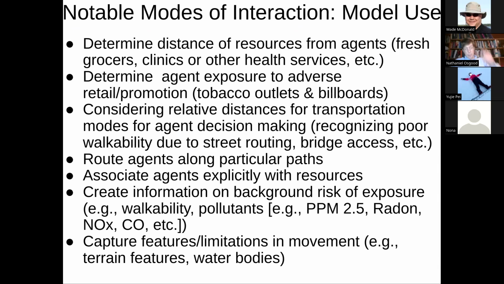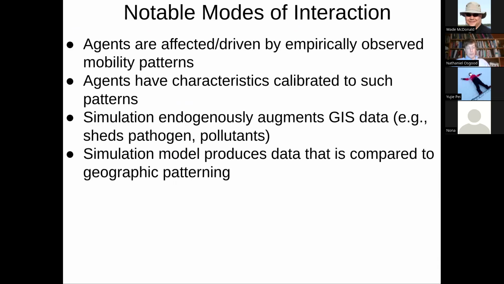Routing agents along paths, we talked about that. Create information and background risk of exposure. Capture features or components of proximity to certain resources or blocked areas, or areas that you can't cross. Might be possible, I'm not sure.